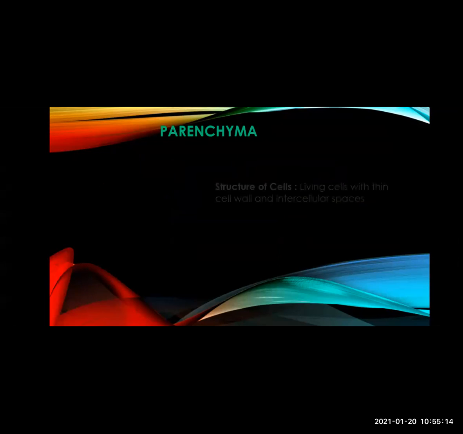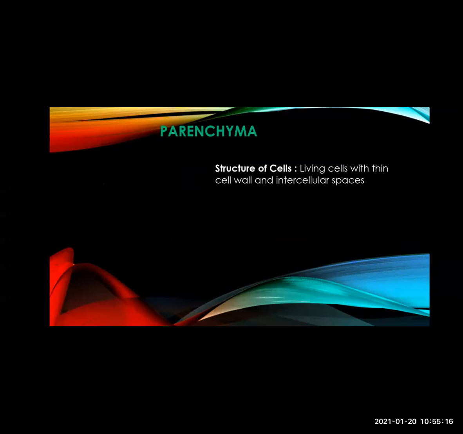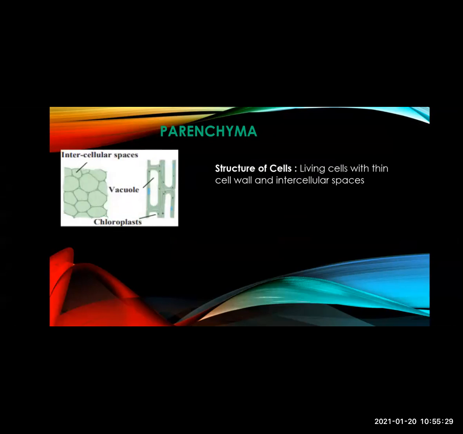First is parenchyma cells. If we talk about the structure of parenchyma cells, they are known as living cells with thin cell wall and very little intercellular spaces. You can see the sides of the cell wall are very thin.